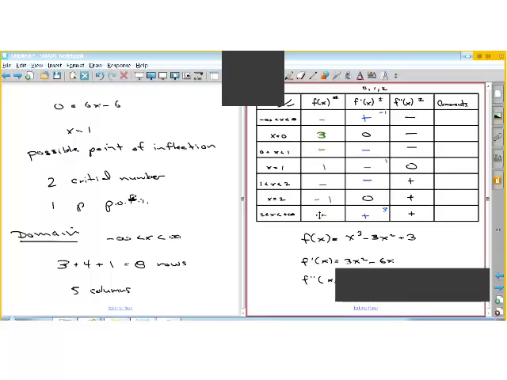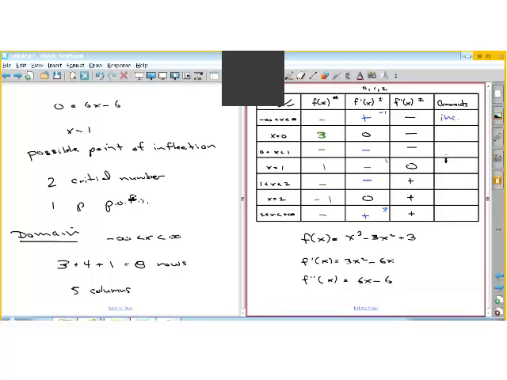Okay, so we have the function, all this table filled out. What we can say here is increasing. We can say decreasing here. So we're just looking at these values. This is decreasing, decreasing, and then it's increasing. That's based on the sign of those.